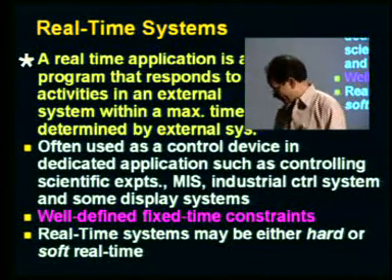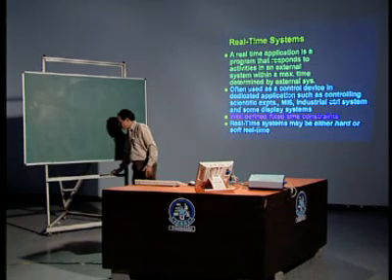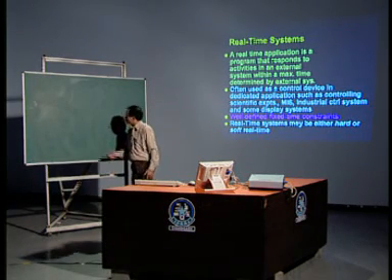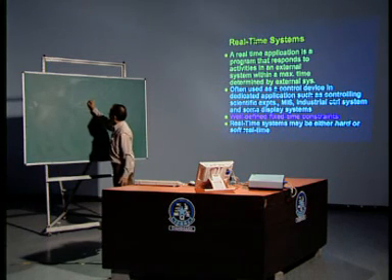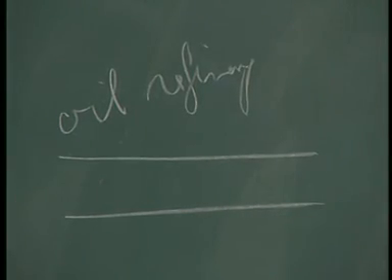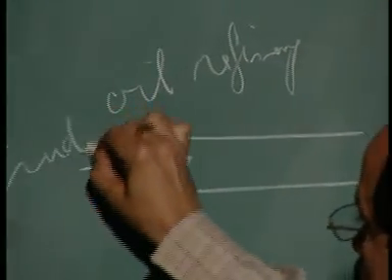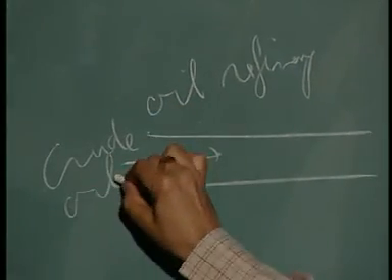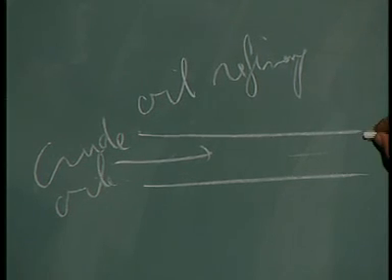Let us say you imagine a system of an oil refinery. Let us say there is some sort of crude oil coming out of the pipeline, and I may be having two diversions over there.